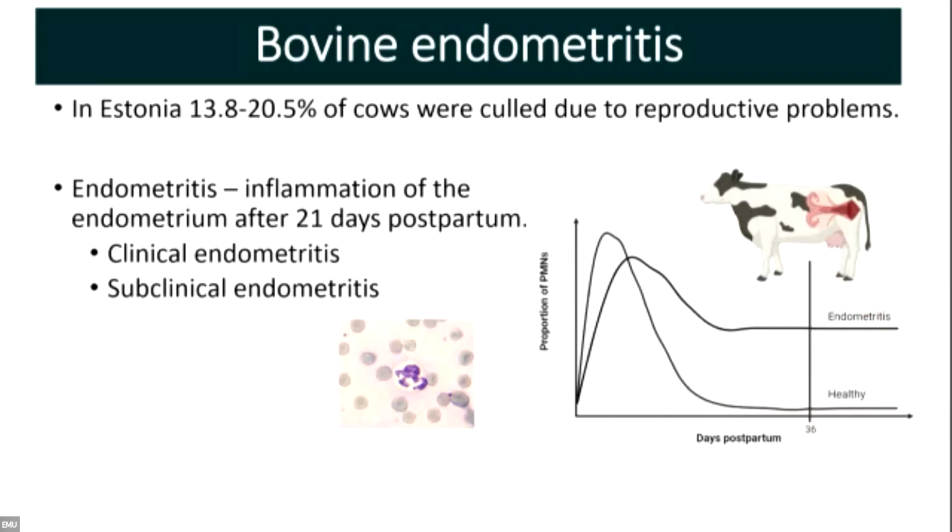Therefore, better diagnostic approaches are really needed in farms. As a consequence of this inflammatory response, cows may develop infertility and ultimately be culled. In Estonia, approximately 13.8 to 20.5 percent of cows are culled due to reproductive problems, ranking as the second most common reason for culling in the country.